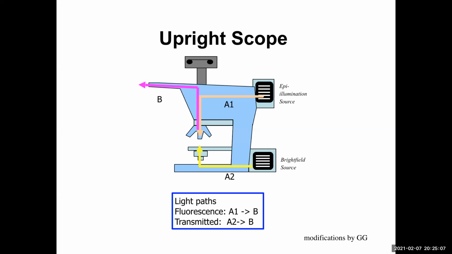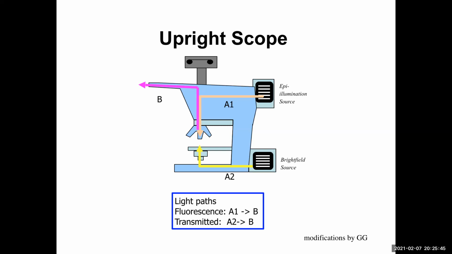The epi-illumination source or fluorescent source starts at the top in this case, and it goes through the objectives. I sometimes say oculars for objectives, but hopefully you catch me if I do that. So it goes through the objectives, and then it hits your specimen, more light is created, and that light follows the second part of the journey, the same part that the bright field light took, part B, basically.